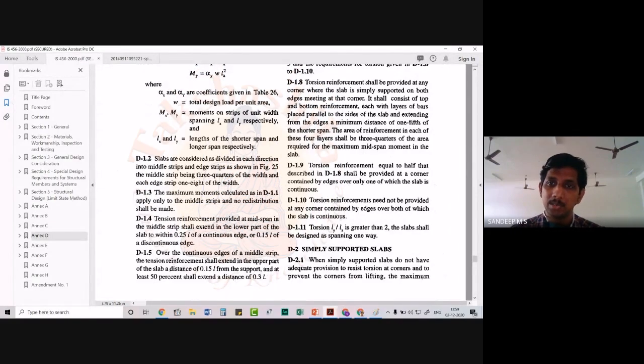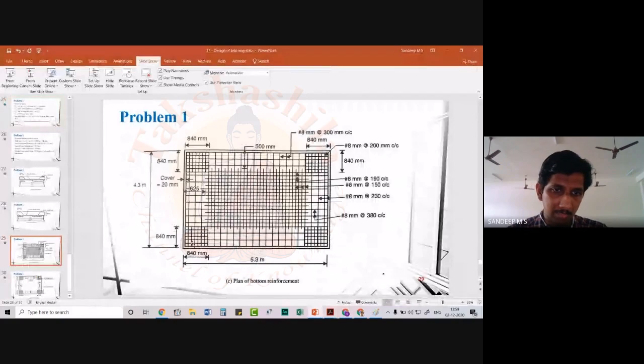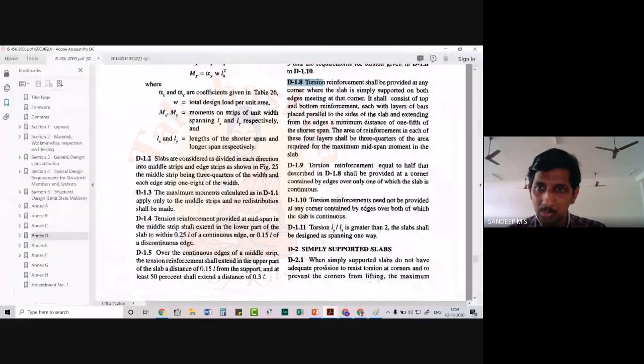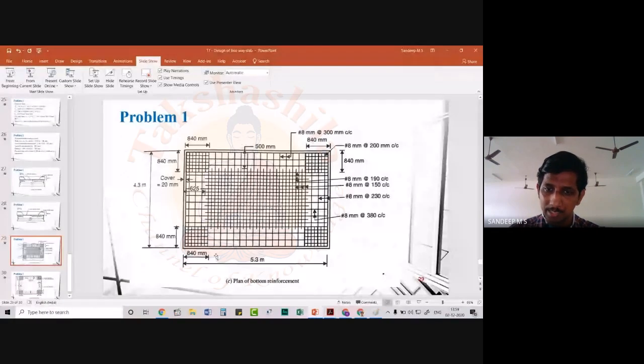Again, please note this D1.8 was a case where, when we consider the corner, say for example in this case, when we consider this corner, both these edges are discontinuous. So this was the case with respect to D1.8. But there can be another case where we may have a discontinuous edge and this side may be continuous.